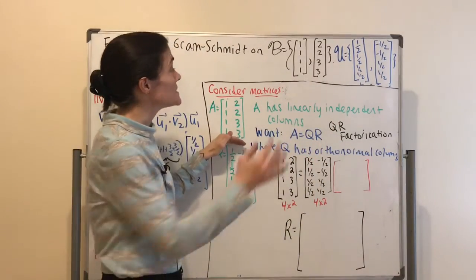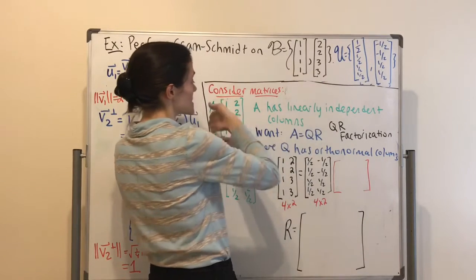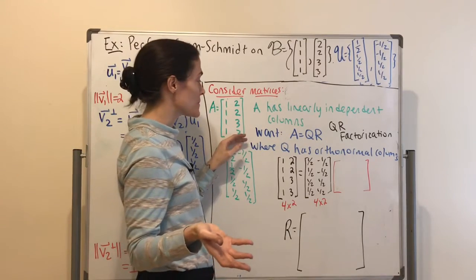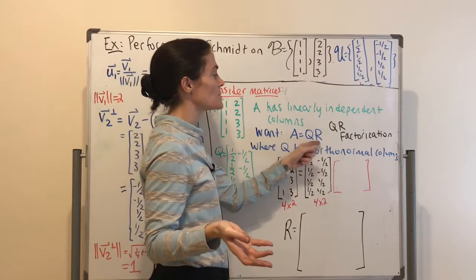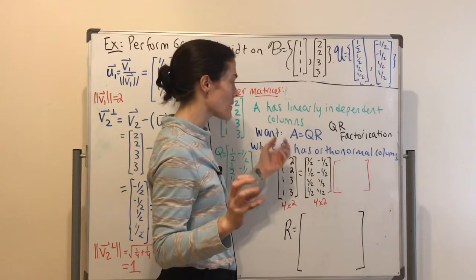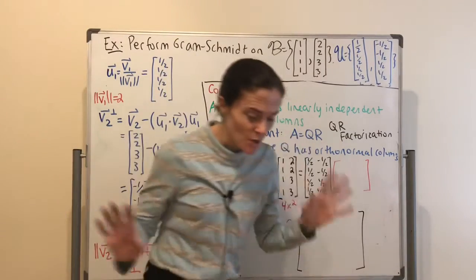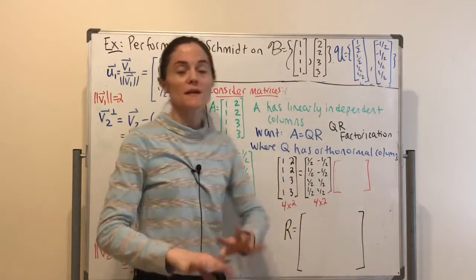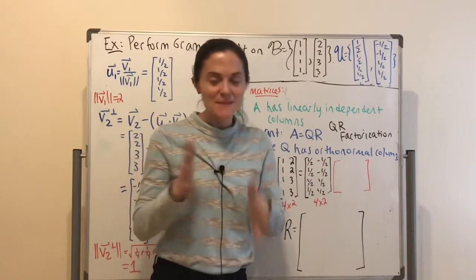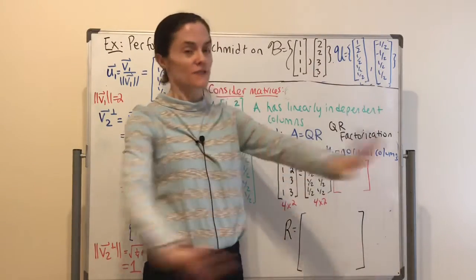Okay, so if I take the vectors in B and put them as columns in a matrix, A has linearly independent columns, and what we want is A is Q times R. This is called a QR factorization, where Q has orthonormal columns. And I will say in every single QR factorization, the Q is what you get through the Gram-Schmidt process. A is the columns of, well, the columns are the vectors in your original basis.